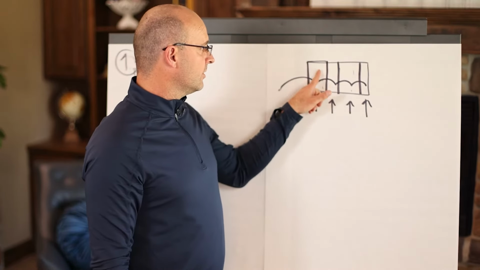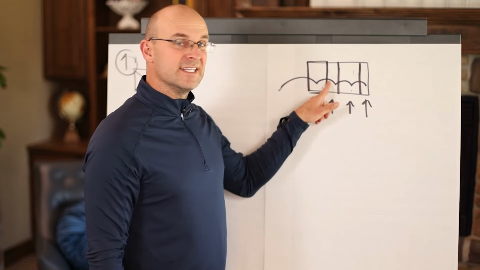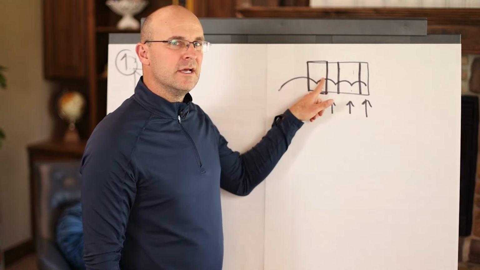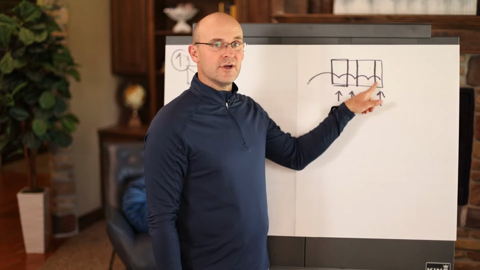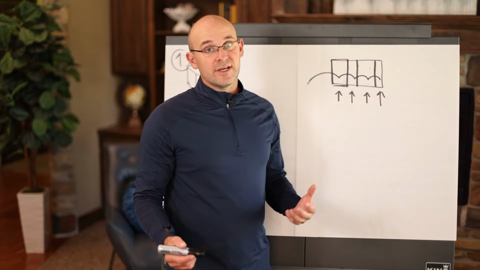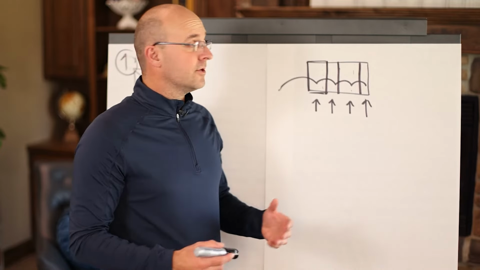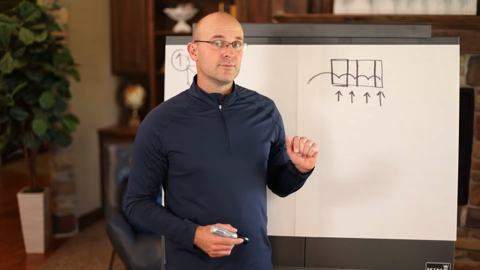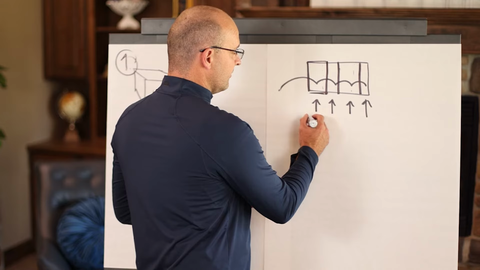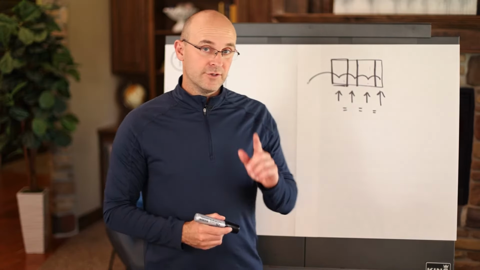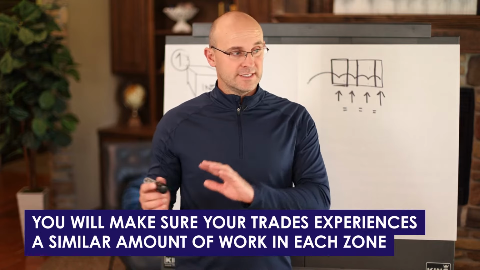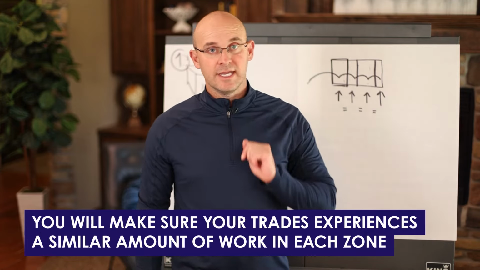Maybe this is a normal amount of work. Maybe this is really dense. Maybe you have some packed, close proximity rooms. Maybe this is less dense. Maybe over here on the right you have the elevators, the bathrooms, some other areas. The zone size will be smaller, but the level of effort, the work between each of the zones, will be equal. If you do that, you will make sure your trades experience a similar amount of work in each zone.